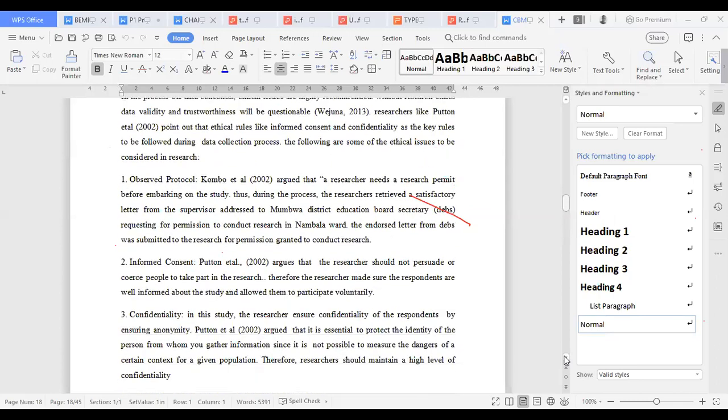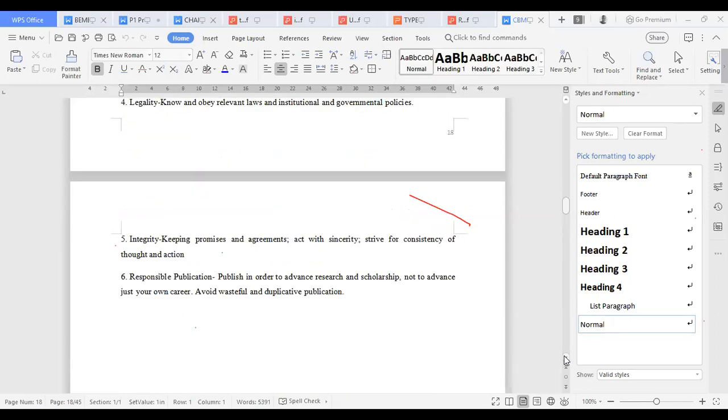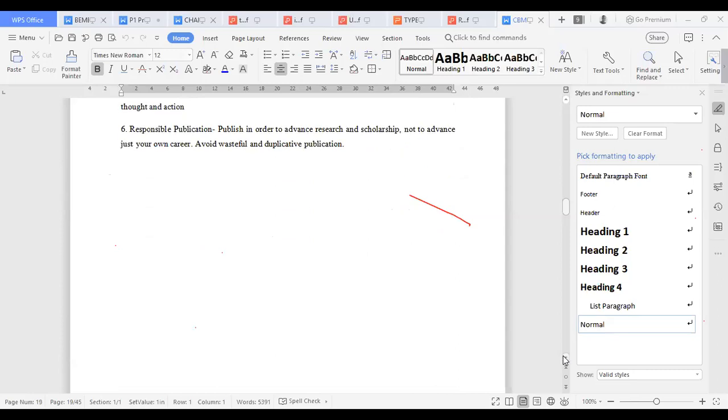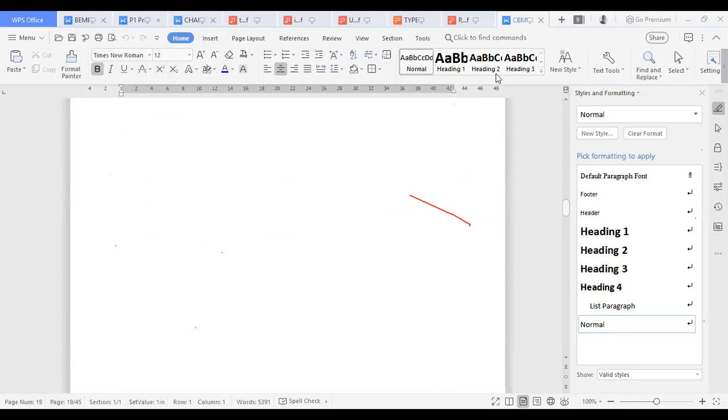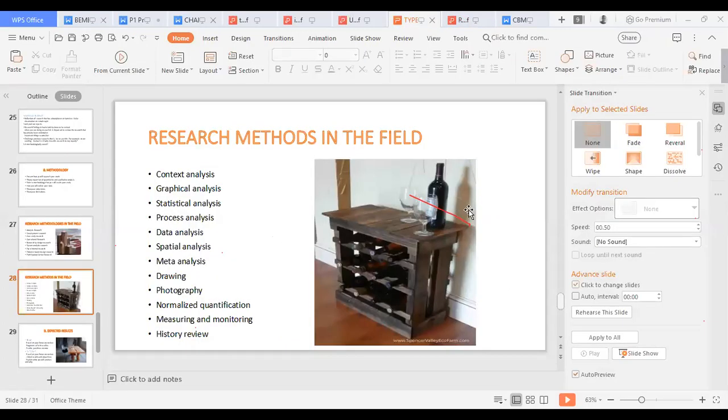So be able to include the ethics that you're going to use in research, such as confidentiality, informed consent, legality, integrity and other things. So I just wanted to give you an example of a methodology and how you can present it in your work, okay?